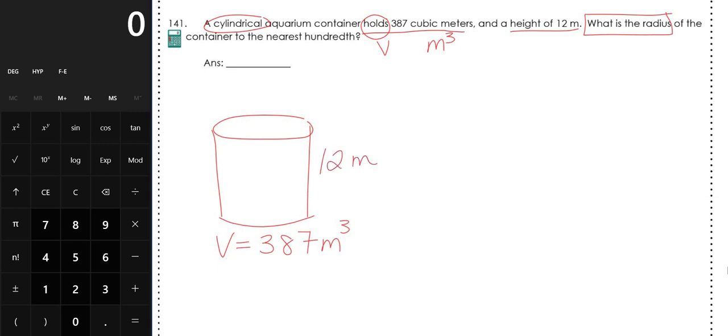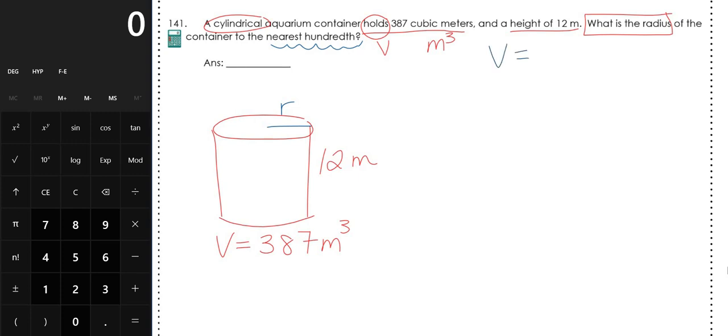My ask in the question is what's the radius? Straightforward. You don't have to double it because they're not asking for the diameter, just what is the radius? And you want to round to the nearest hundredth at the end. Okay, so again, think to yourself, how do you get volume of a cylinder? Again, very generic formula.